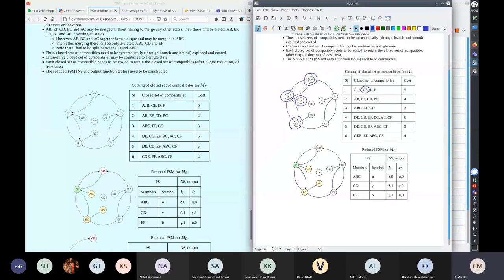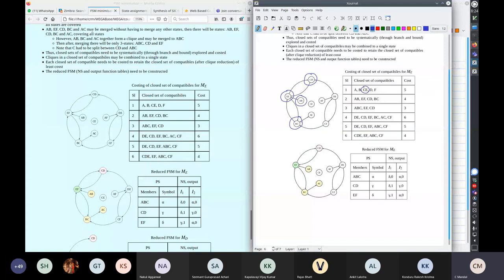And as you can see, all the 6 states are covered. If you take these 4, all the 6 states are covered. So this is a closed set of compatibles.